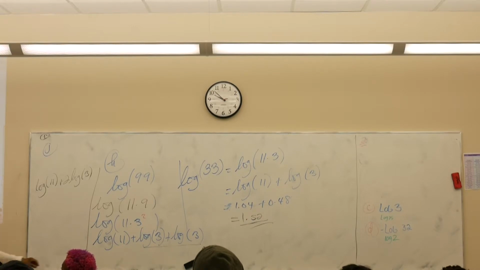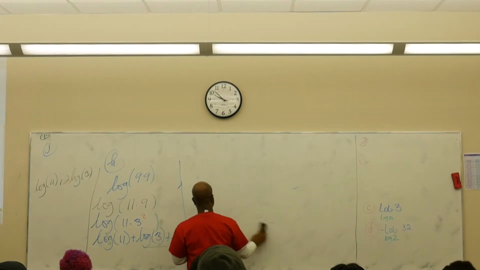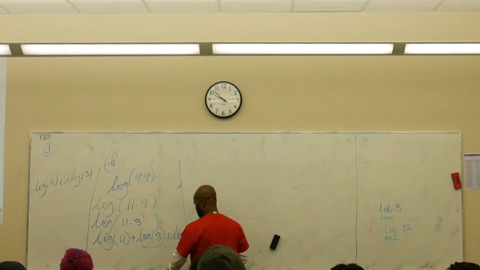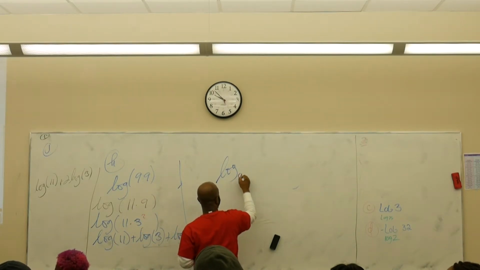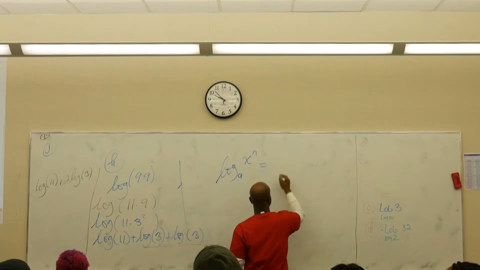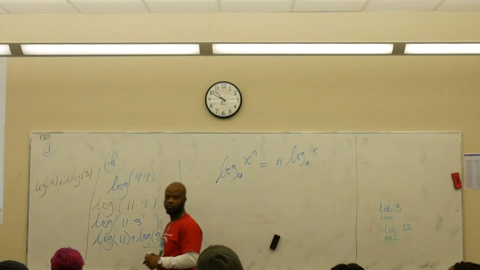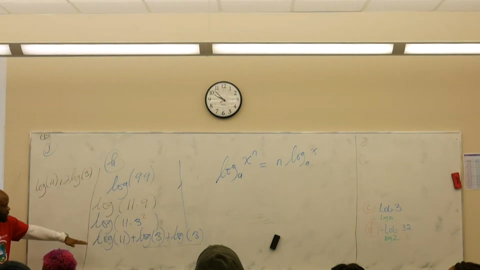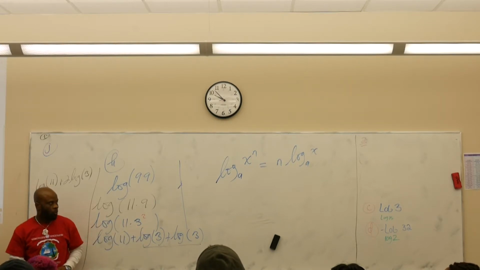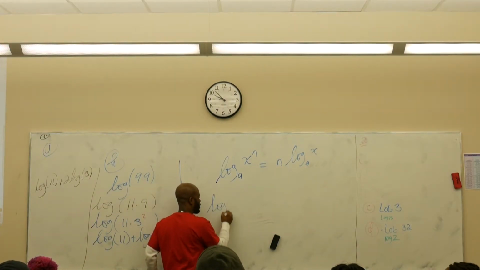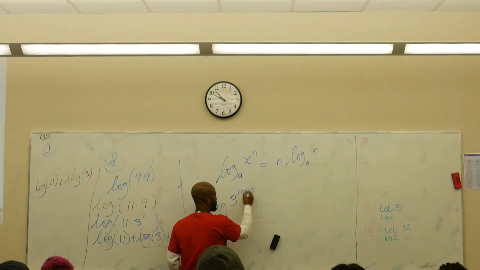We're good? So here's the property I was trying to highlight. The log, of whatever base, call that base A, of x to the n, can be written as n times the log of x. Because here's the thing, if I had a 3 squared, and I'm doing 3 plus 3, what happens if I had the log of, say, 3 to the 1,000?